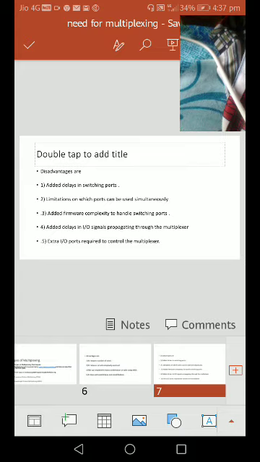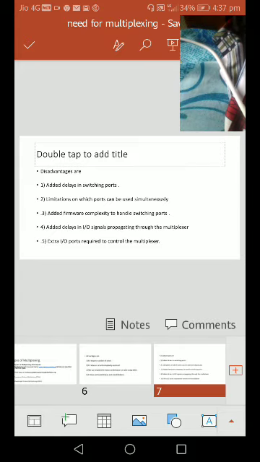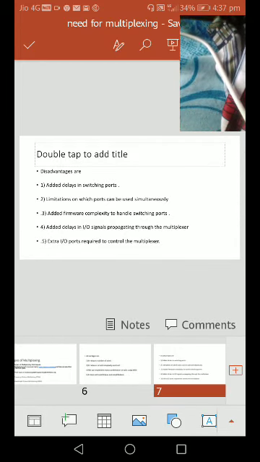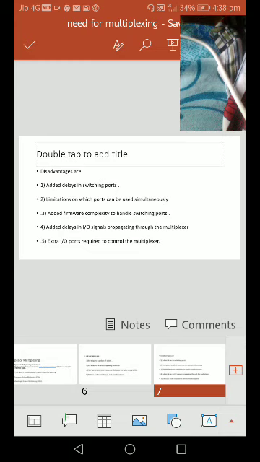The fifth point is extra input and output ports. Extra input ports and extra output ports are required to control the multiplexer.